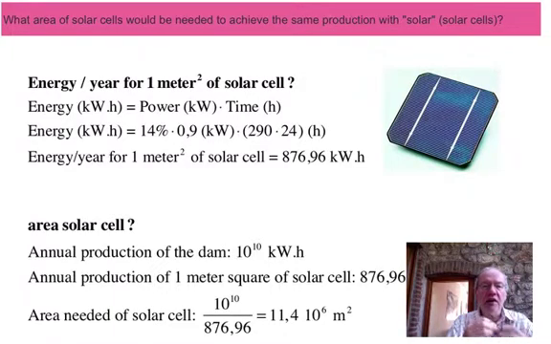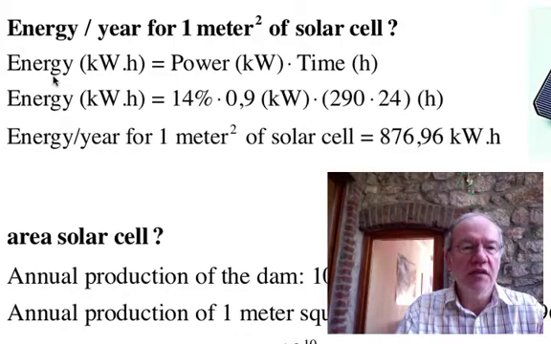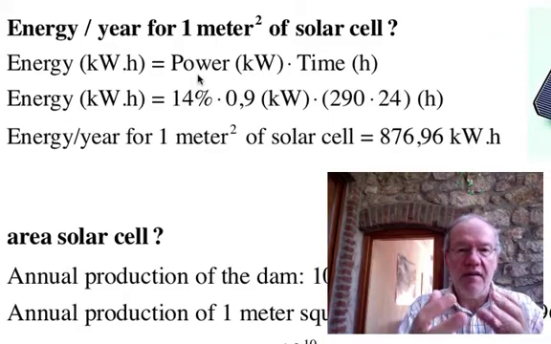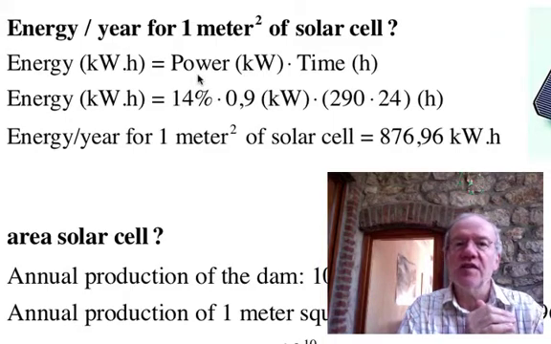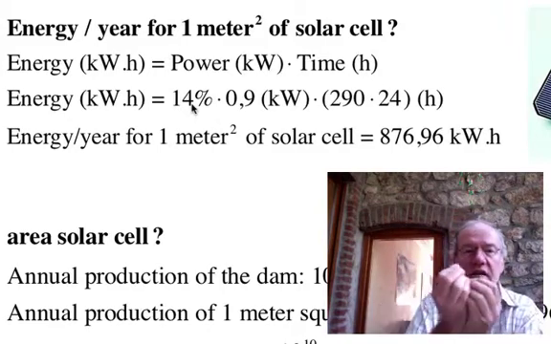The electricity we can produce, the energy, is the power multiplied by the time. Which power do we have with a solar cell? A solar cell has an efficiency of about 15% to transform light into electricity.